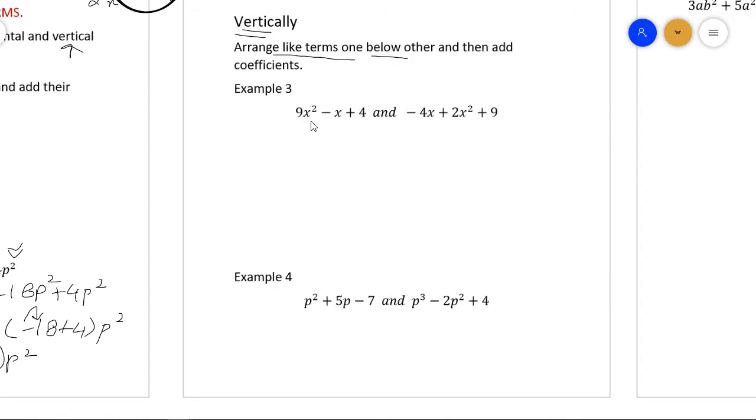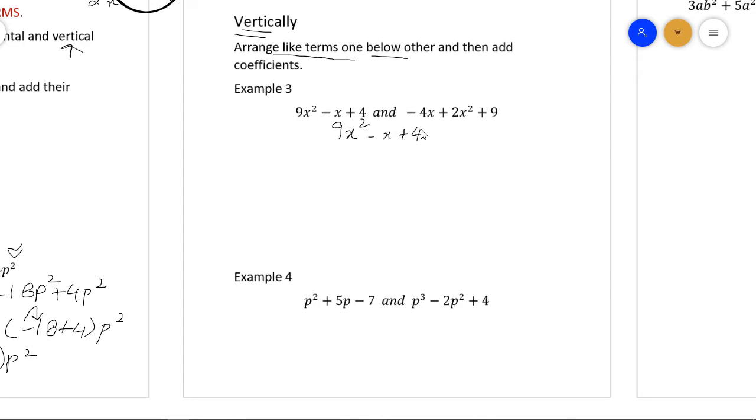First of all, what we have to do is write the first polynomial as it is, 9x square minus x plus 4. Now we have to add the other polynomial into the first. What we will do, we will arrange like terms one below the other. Okay, minus 4x is like to which term?